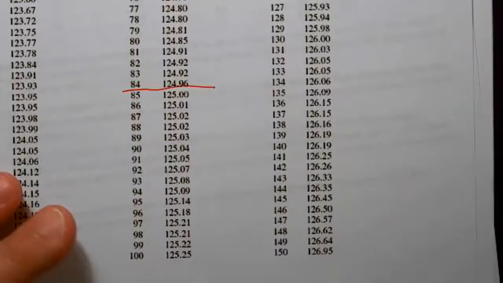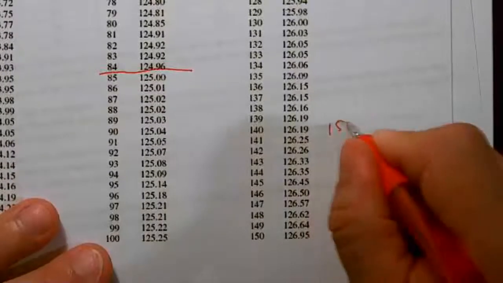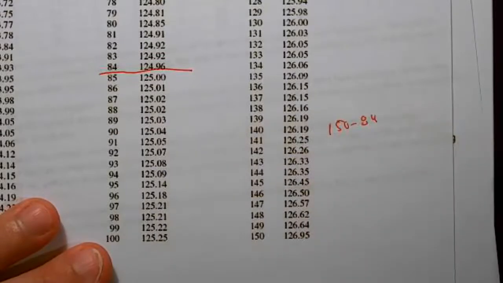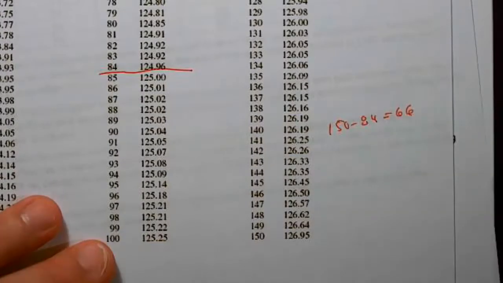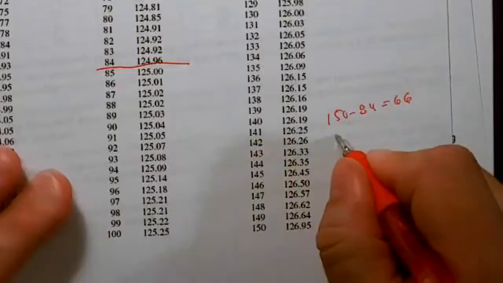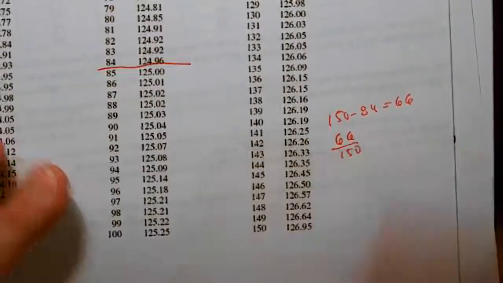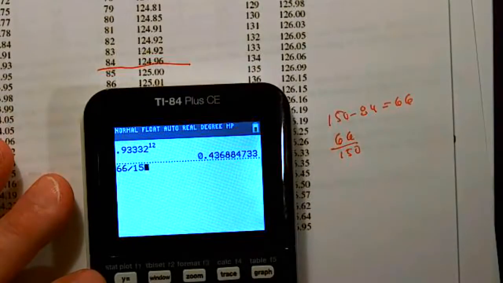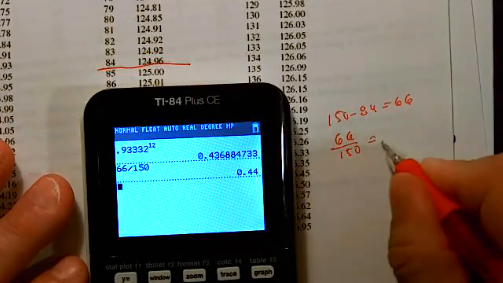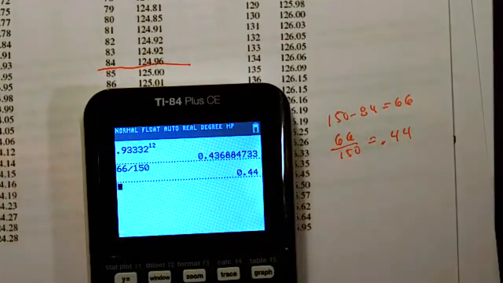All right, the rest of them are. So if I have 150 minus the 84, I end up getting 66. All right, well, that was 66 out of 150. And I end up getting 0.44. So my simulation says that 44% of them have minimum values greater than 125 ounces.